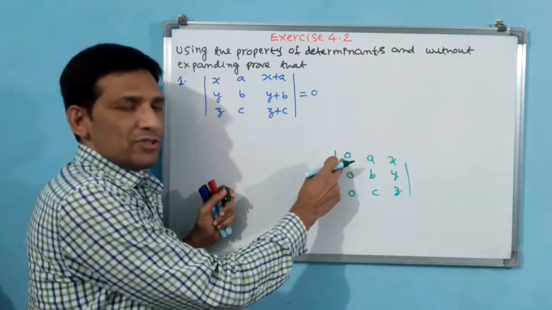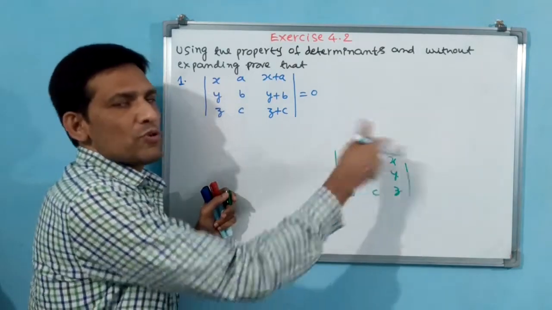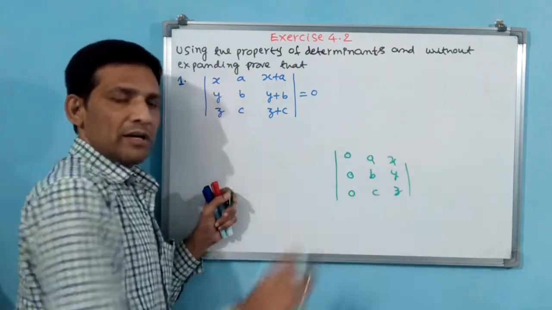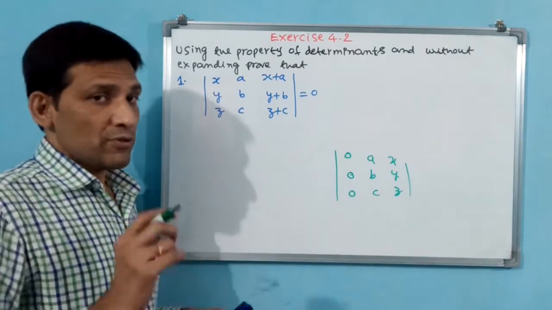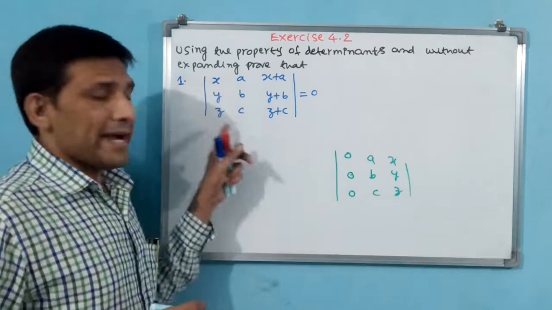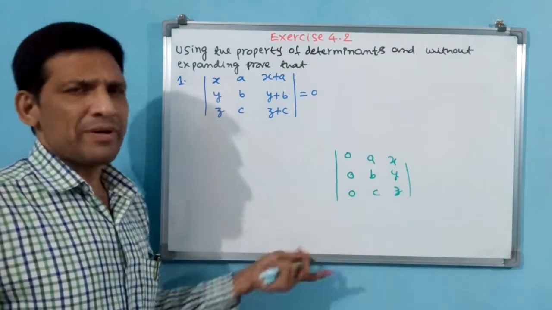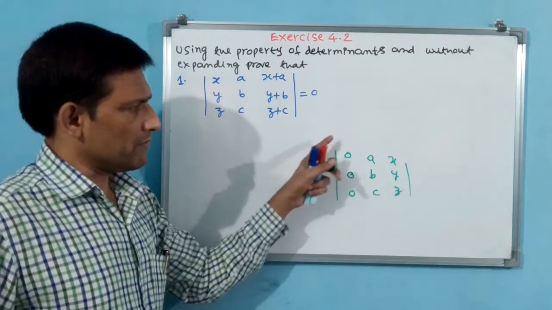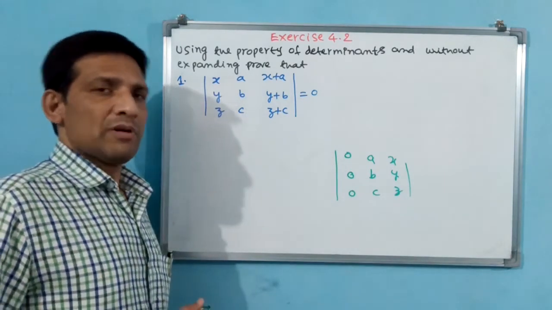Because plus 0 into something, minus 0 into something, plus 0 into something, all zeros. If any row or column is all 0, then the determinant is going to become 0. Keep that in your understanding. Identical rows or columns is one property, and all zeros is not a property; everybody knows it. If you make all zeros, then automatically the result is going to become 0.